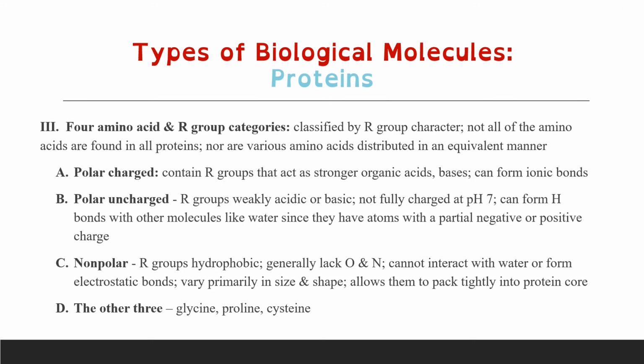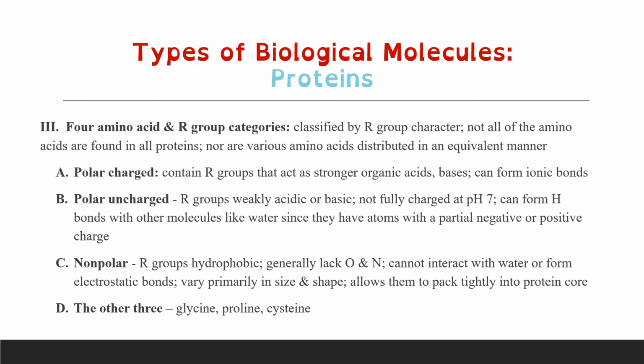Next would be the four amino acid and R group categories. These are classifications of the side chains or R group characteristics. Not all of the amino acids are found in all proteins, nor are the various amino acids distributed in an equivalent manner. Okay, so the first category would be the polar charged.